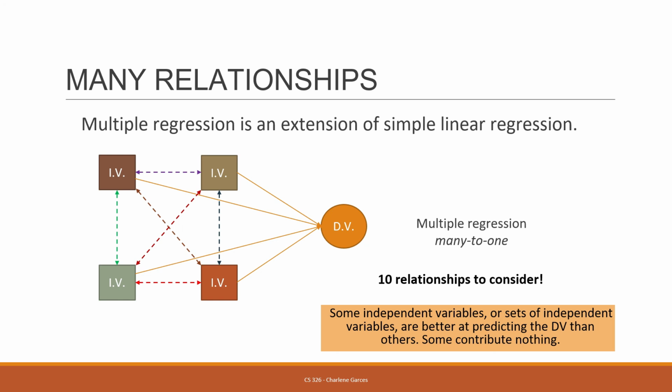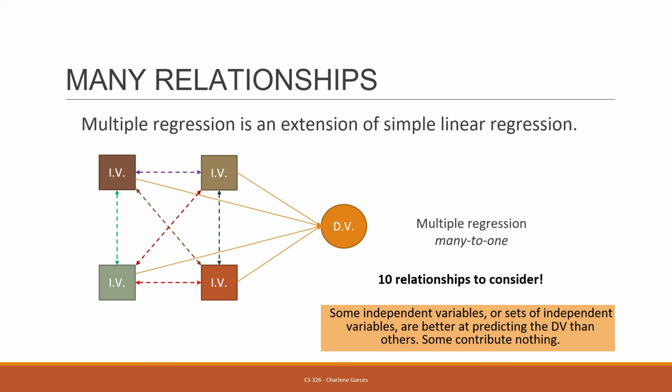Some studies could involve independent variables that are better at predicting a great effect on our dependent variable, and some are not. So that's why we need to take a closer look at which independent variables greatly affect or contribute to the effect in your study.